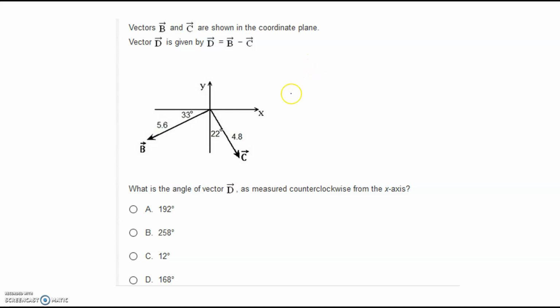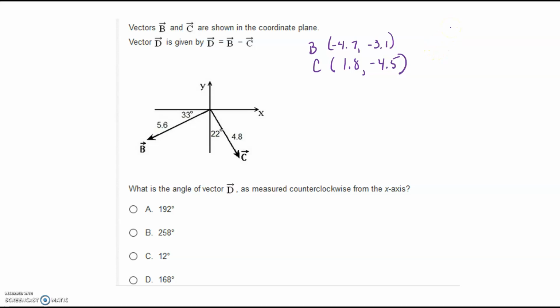So let's see what I did here. These are the same vectors as are in number 4. So I already have my, let me write this down up here. B is negative 4.7, negative 3.1, and C is 1.8 and negative 4.5. Okay, and I got that from number 4.